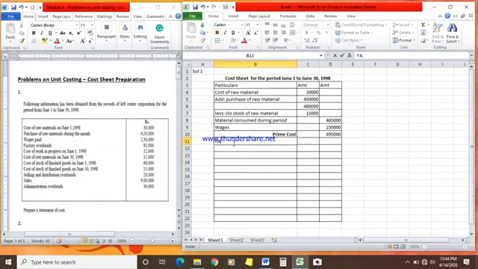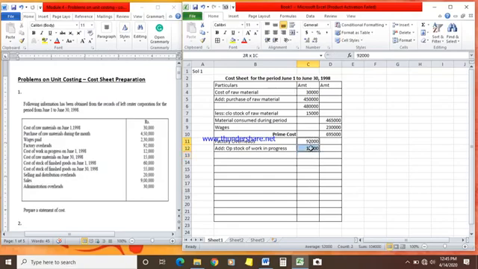The next heading is factory overheads. Since we are already given the total factory overheads here, 92,000, I'll write here 92,000 factory overheads in the inner column, and for this I add the opening stock of work in progress. The opening stock of work in progress is 12,000.